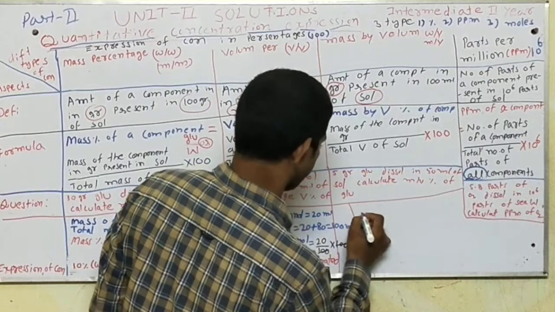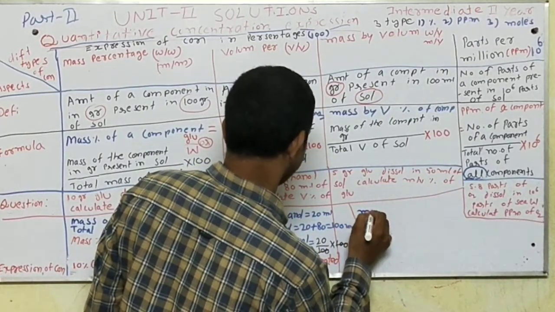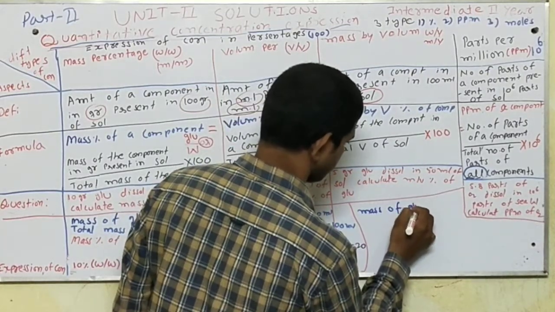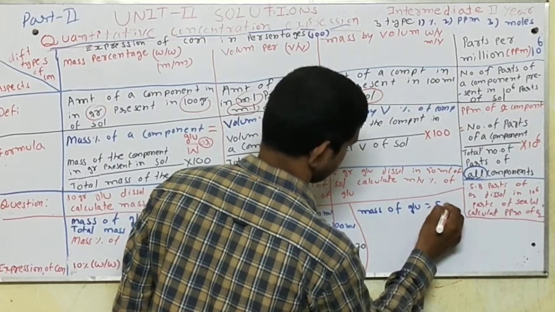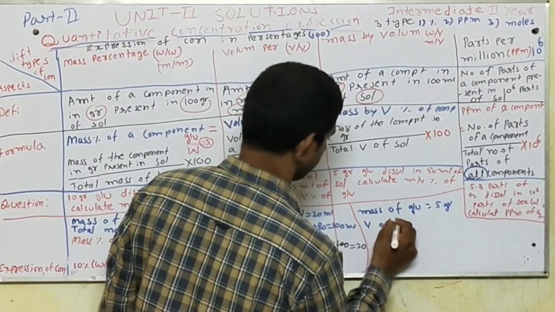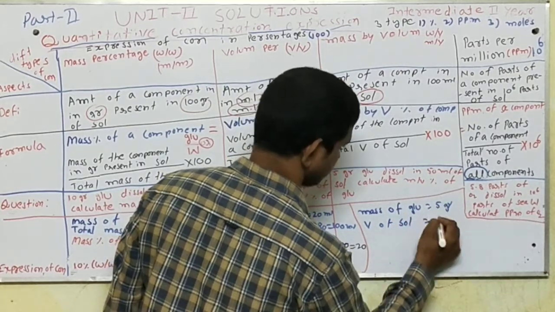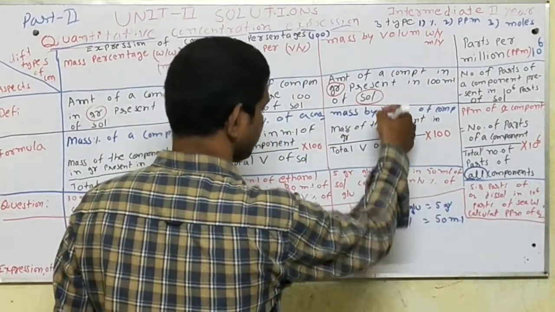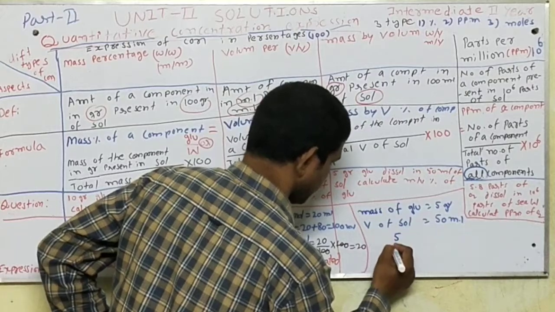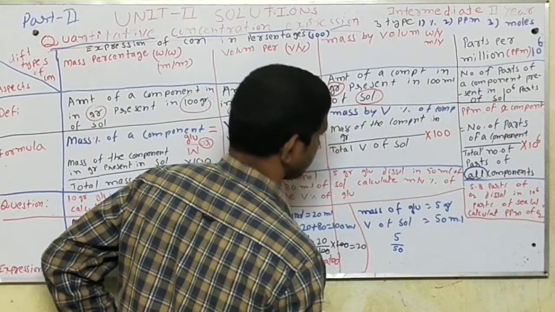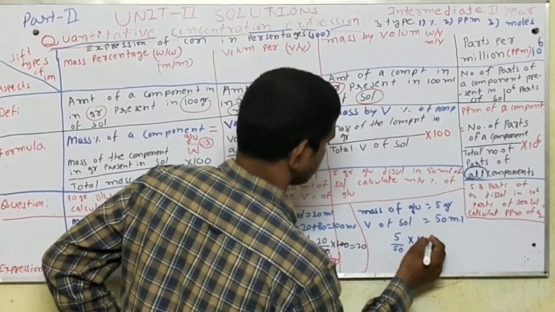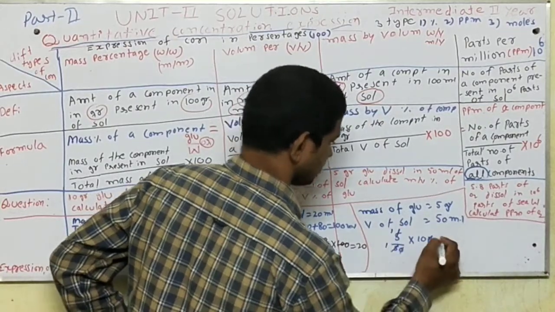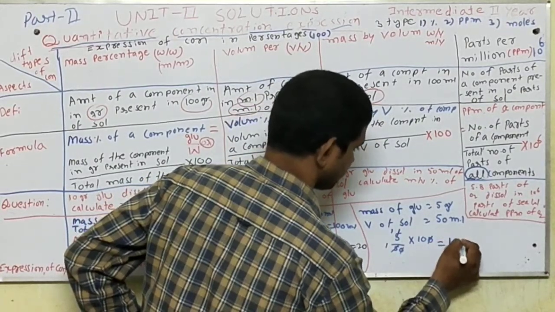So mass of glucose is 5 grams, and volume of solution is 50 ml. By substituting these values in this formula, 5 by 50 into 100, we get 10%.